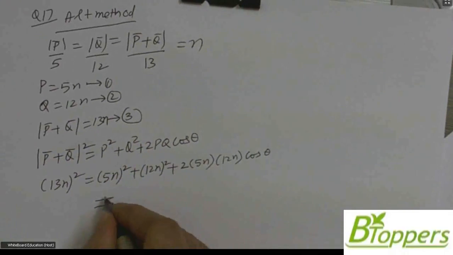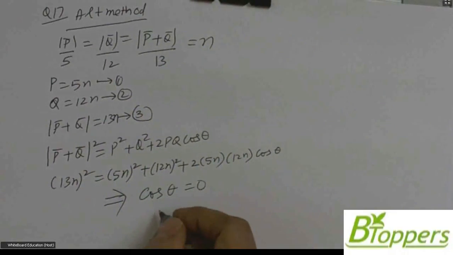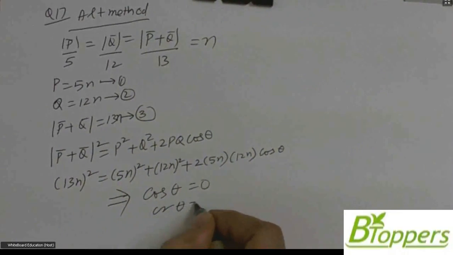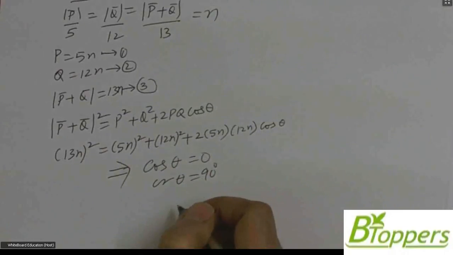If you simplify this, you get cos theta equal to 0, means theta is 90 degrees. It means the angle between the vectors p bar and q bar is 90 degrees. That means the vectors p bar and q bar are perpendicular.